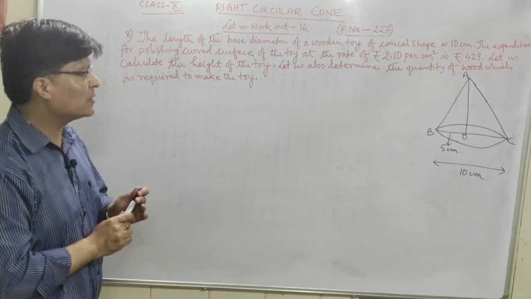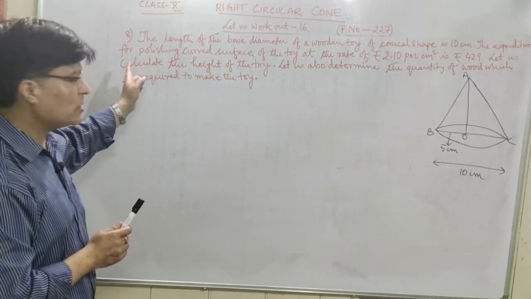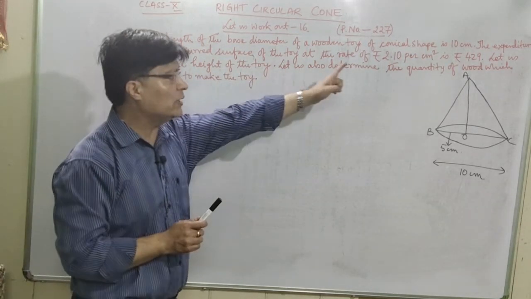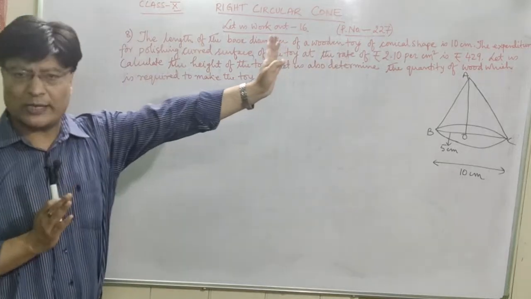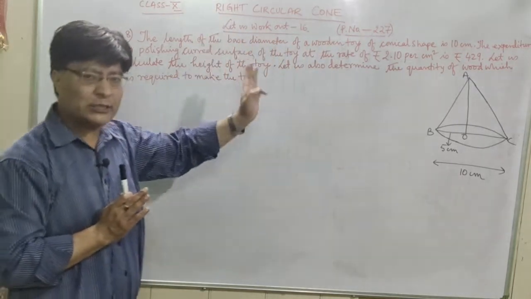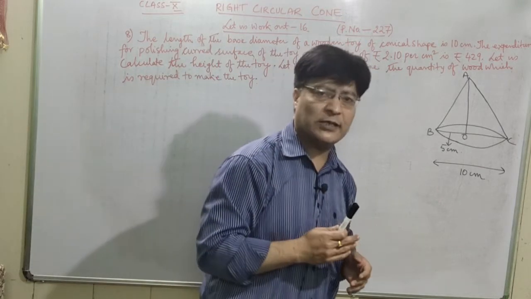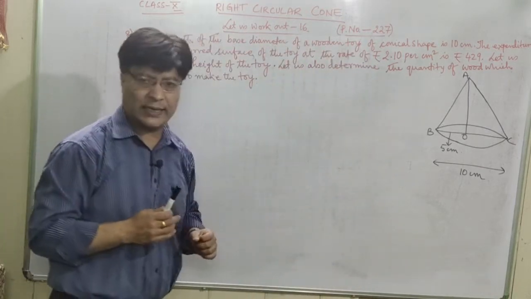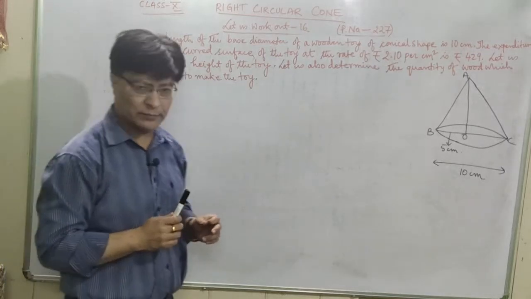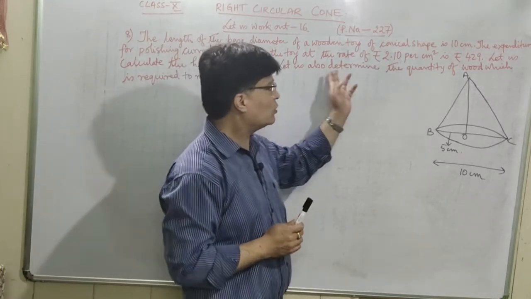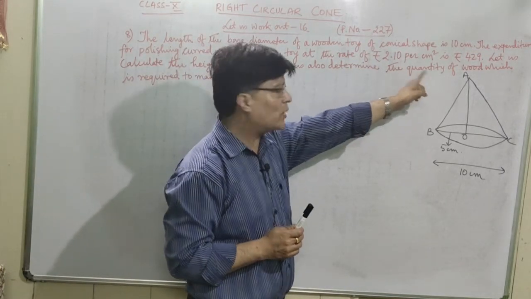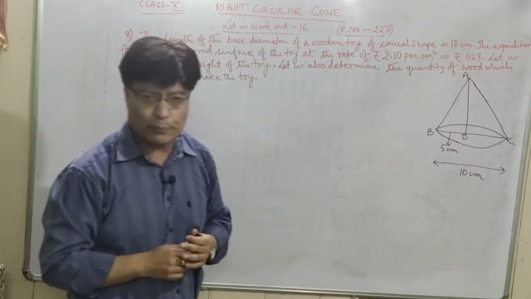It is given that the expenditure for polishing the curved surface area of the toy is rupees 429. That is your total expenditure in order to color the curved surface area of the conical toy. The rate is also given out here. So in order to color 1 square centimeter, what is the cost? It is rupees 2.10.